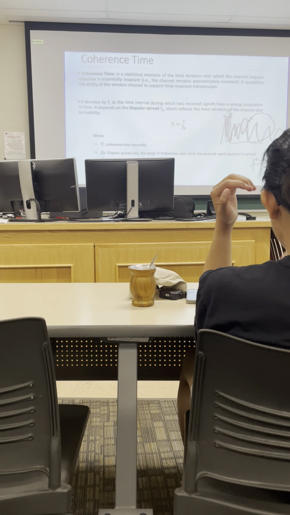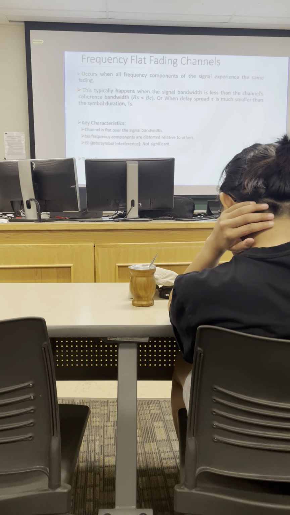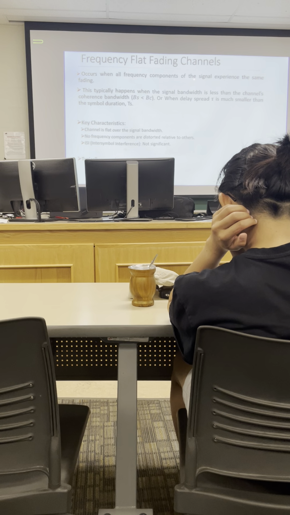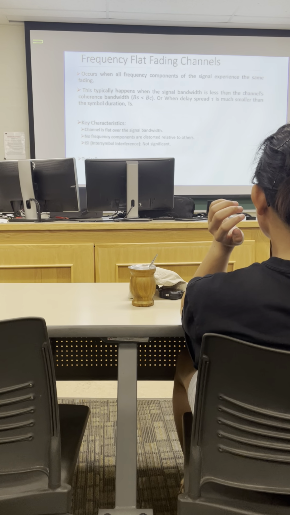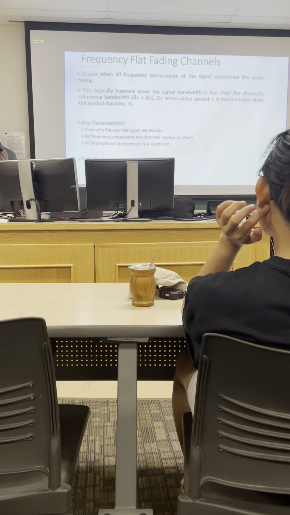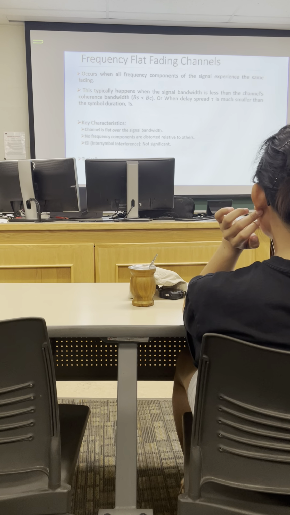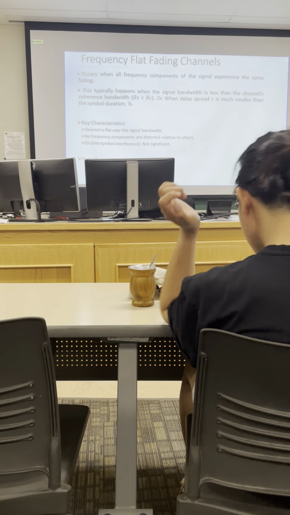So let's go to frequency flat fading. Frequency flat fading occurs when all frequency components of the signal experience the same fading. Remember, most of these types you need to memorize, but all of them are super logical, so just try to understand them.